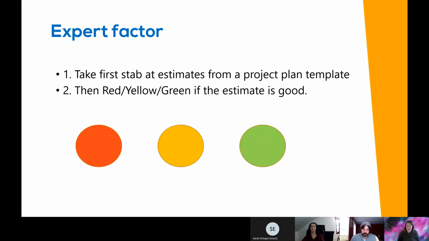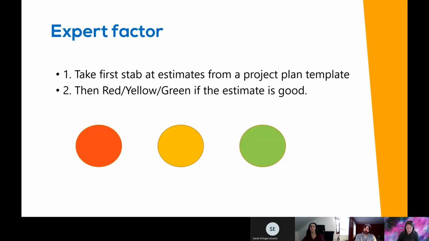The fastest way to get some input is red, yellow, green, right? So it's like, look at the estimate. Here's my breakdown, here's what I think, and just say red, yellow, green. Yeah, this is good. Double check this. Maybe they have a note, or red, like you are completely off your game, this is going to be way different.